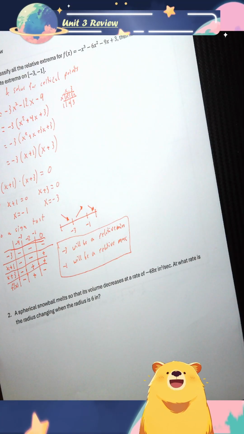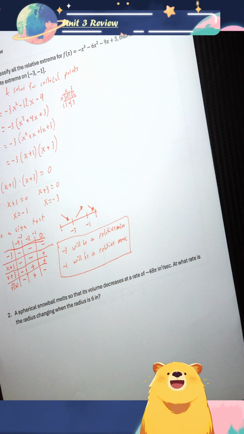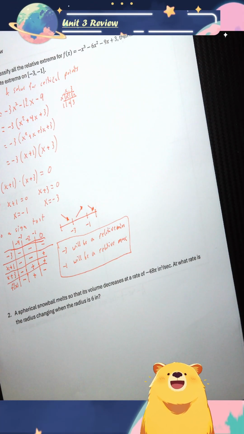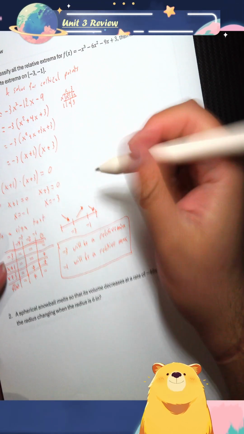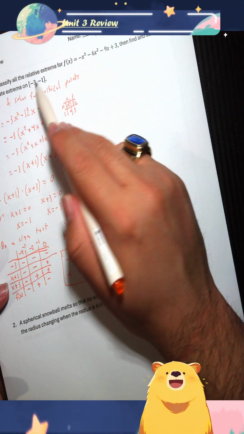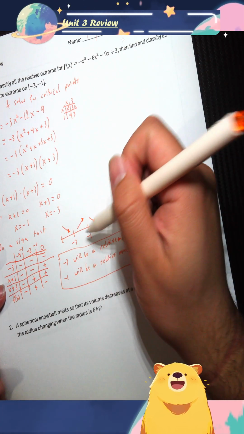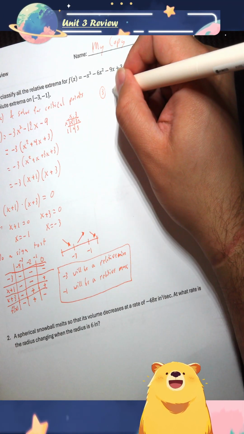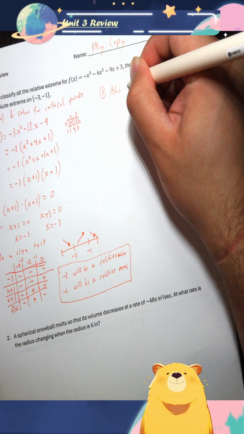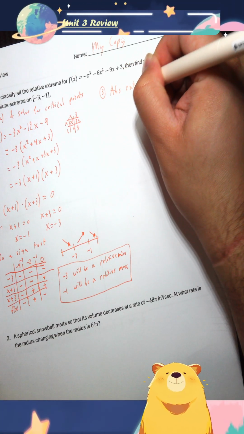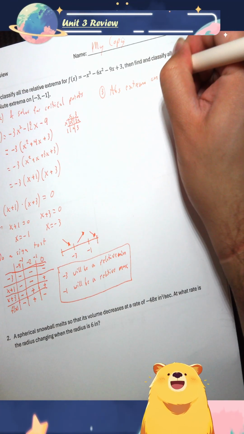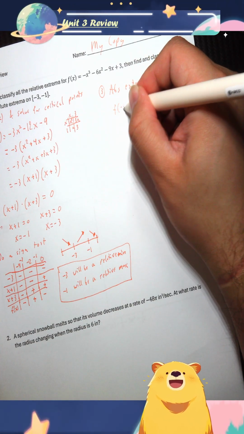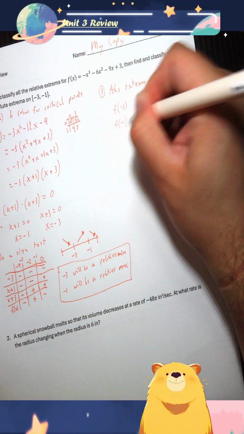That's going to be slightly easy for us because for the absolute extrema, we're literally just going to be checking the critical points and then negative 3 and 1. However, the critical points are negative 3 and negative 1. So actually, for the absolute extrema, we're just going to check f of negative 3 and f of negative 1.